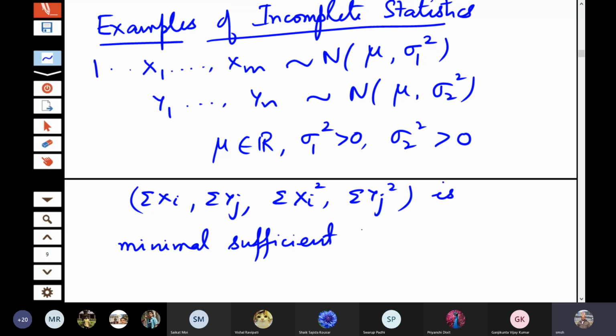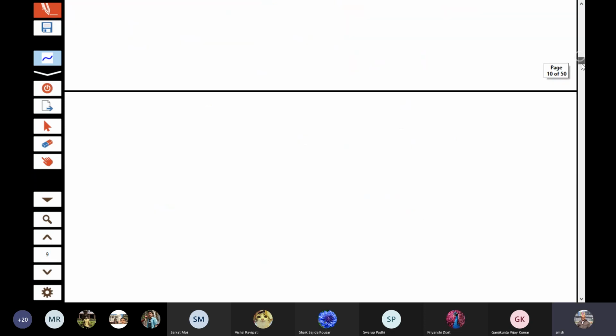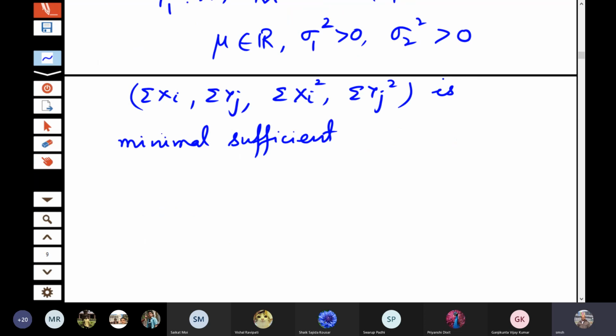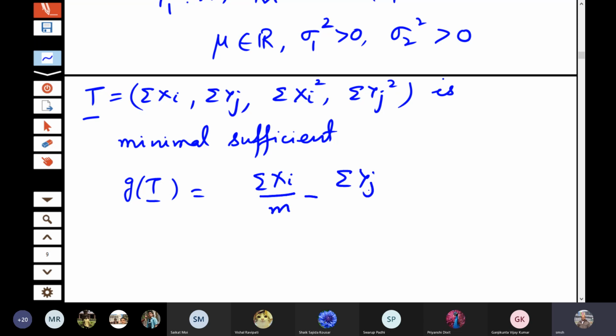So if I consider a function here, let me call it g(T), and one statistic I consider here to be sigma xi by m minus sigma yj by n. Okay, that is basically x bar minus y bar. What is the expectation of g(T) in this problem?